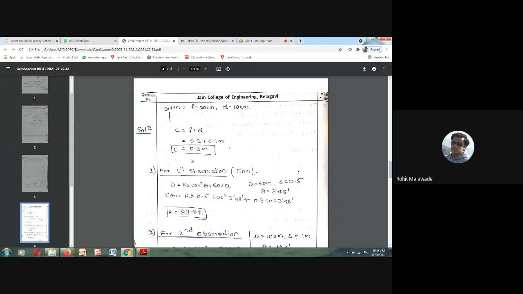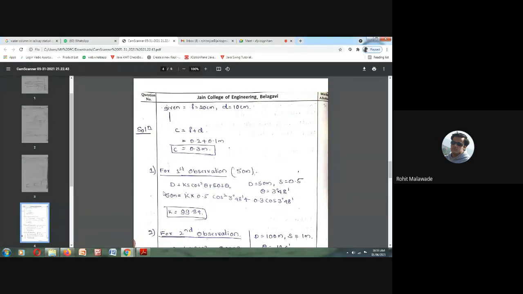If you want to determine K, you will be using the formula D equal to Ks cos square theta plus C cos theta, because the angle is given to you. The distance is given to you, S is given to you, theta value is given to you.